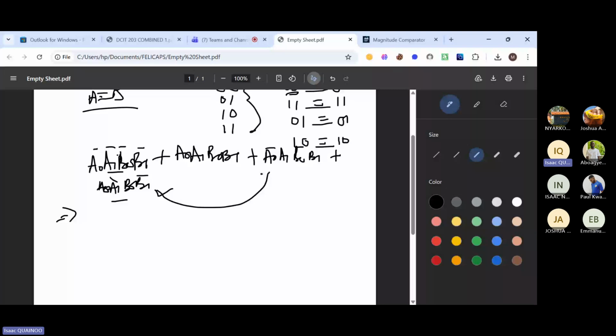So we can group it to one side. On this side you have B0, B prime. So we take this out.